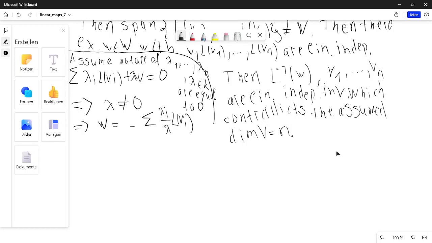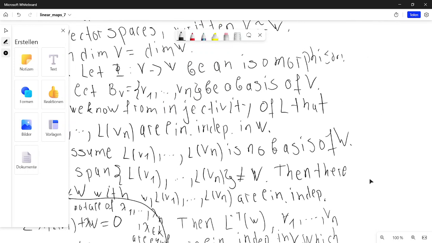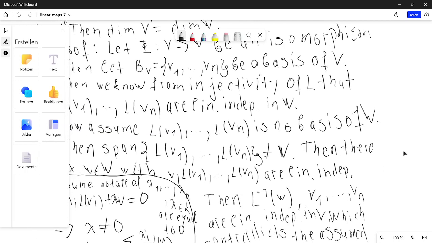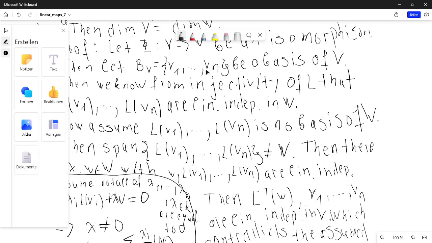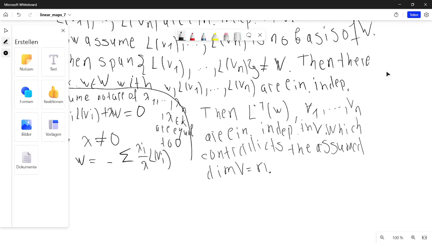We don't even have to replace. We have exactly the vectors V1 to Vn, right? And now we have an additional vector, and we know this is a contradiction to linear independence of those vectors, because those vectors actually span the vector space by the property of them being a basis, right?